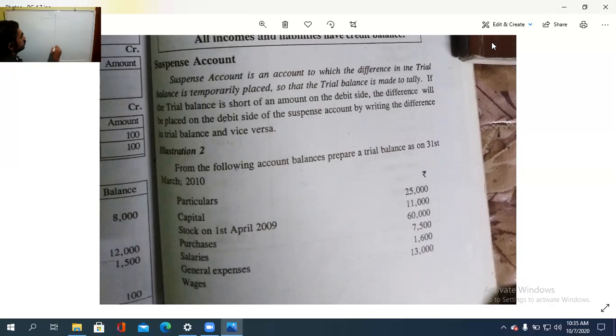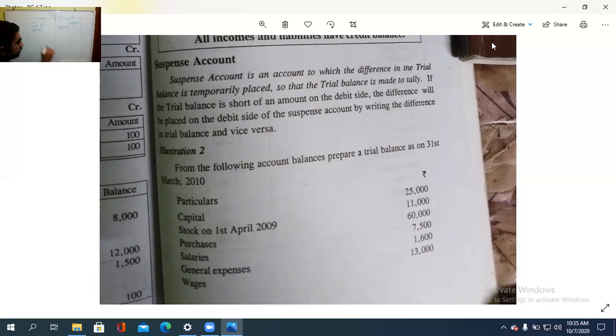TB. So trial balance, debit, credit. How much? Capital 25,000. Sure, it will come on the credit side. Stock, opening stock 11,000.